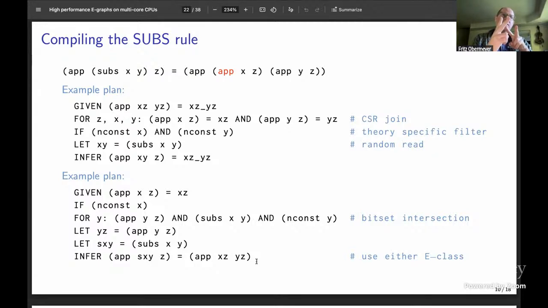If their E classes are the same, there's nothing to do. If they're different, it triggers a merge. If one e-node exists, then rather than creating a new e-class, it just inserts an e-node to the existing e-class and vice versa. So that's one of the other tricks I use to avoid at all costs creating new e-classes.